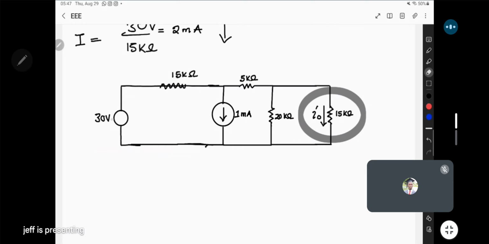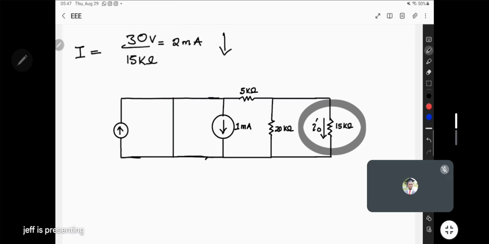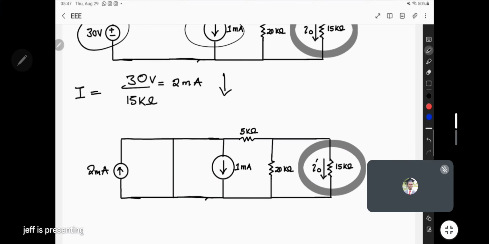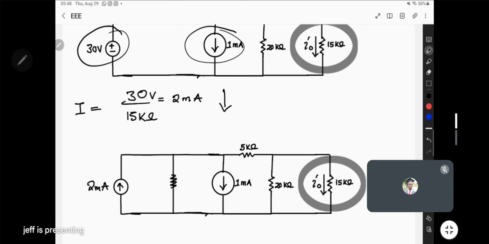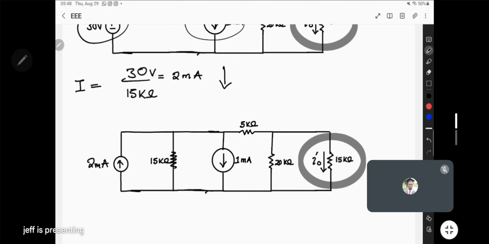So in place of the voltage, we'll put the current. In place of series, we'll make this parallel. So this is now 2 milliamps, and this is 15 kilo ohms.